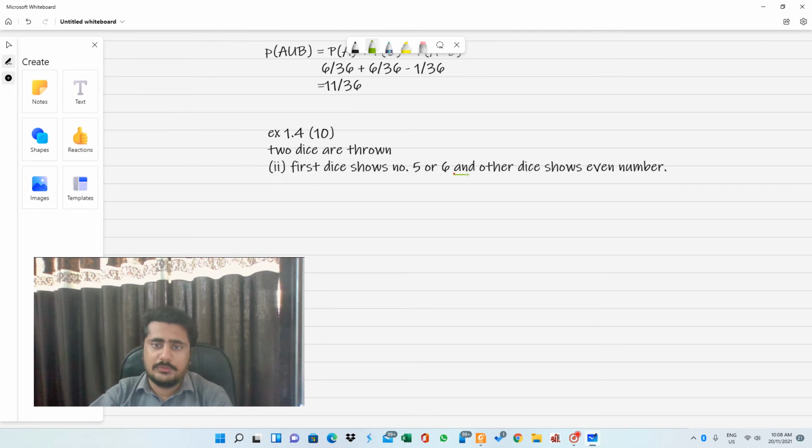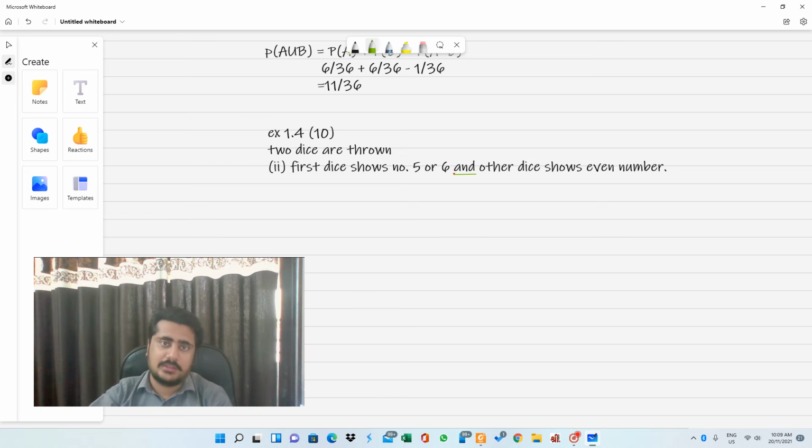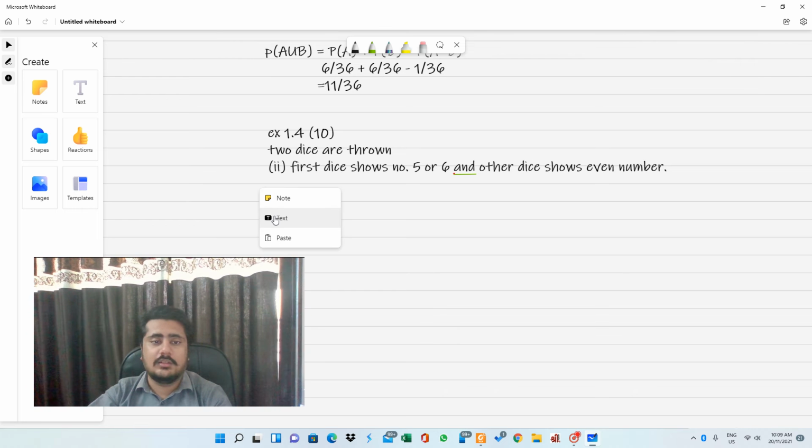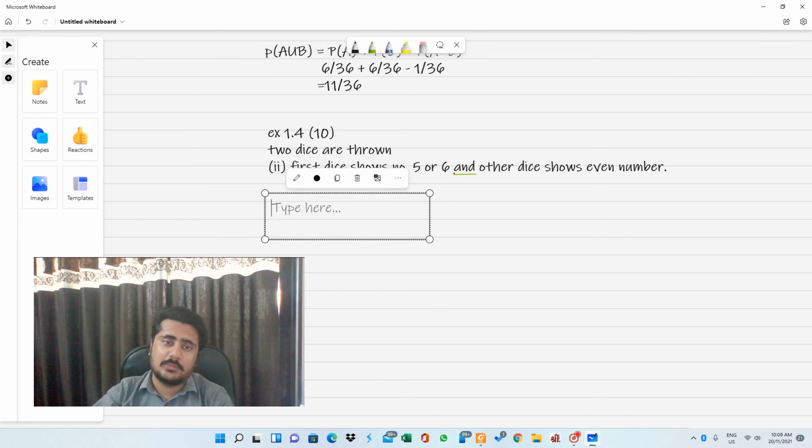First die shows number 5 or 6, and so this "and" means intersection for me. I told you that "and" is the intersection. Okay, "or" is the union. We have discussed this. So I have to find the intersection. Intersection is my answer. First of all, fit that particular thing in your mind.